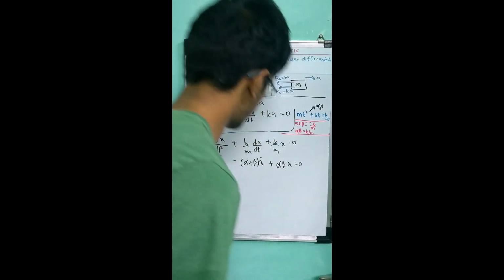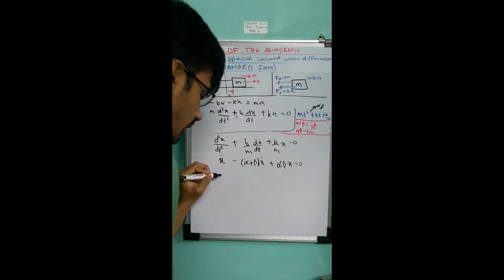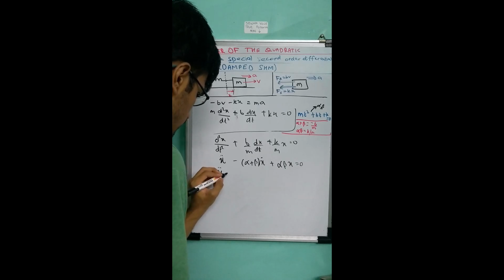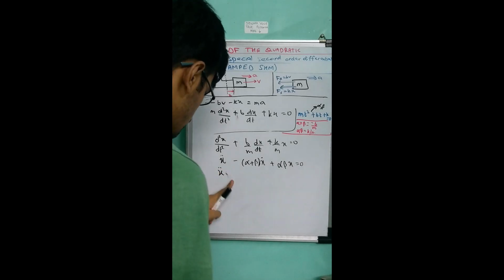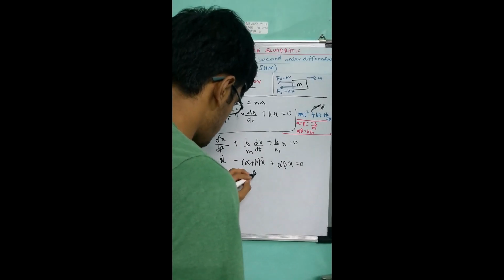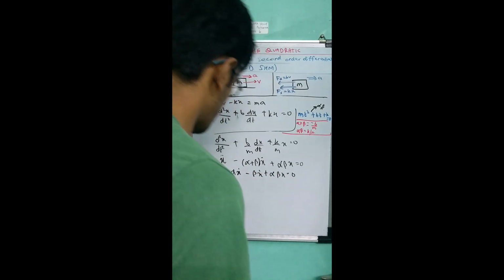The advantage of this is I can again in essence factorize something. So I can write this as the following: x double dot minus alpha x dot minus beta x dot plus alpha beta x equals 0.